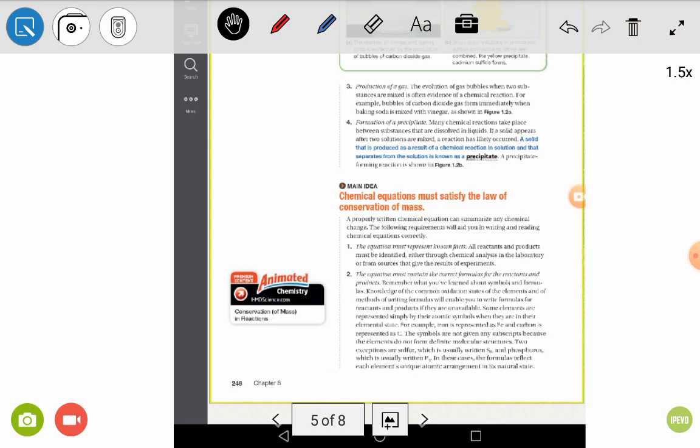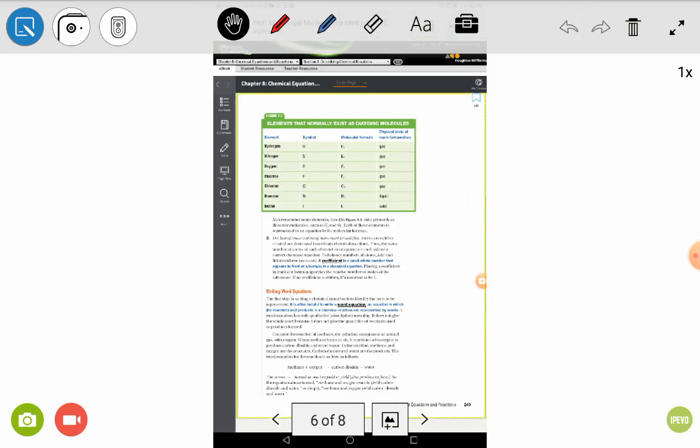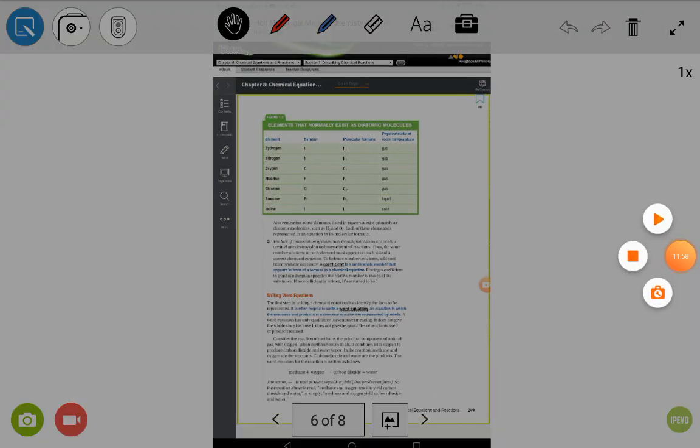The chemical equation must satisfy the law of conservation of mass. The mass is not going to change. And in that table, we are going to mention specific elements.